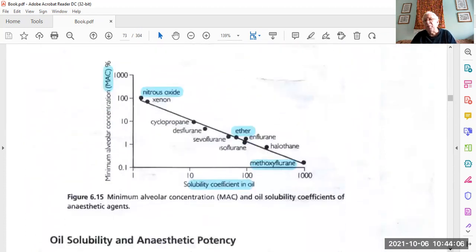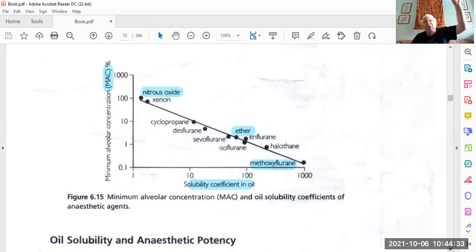This curve shows the anesthetics almost in a straight line, spread all over the line, upwards and downwards. This curve represents the MAC on one side and the solubility coefficient on the other side.